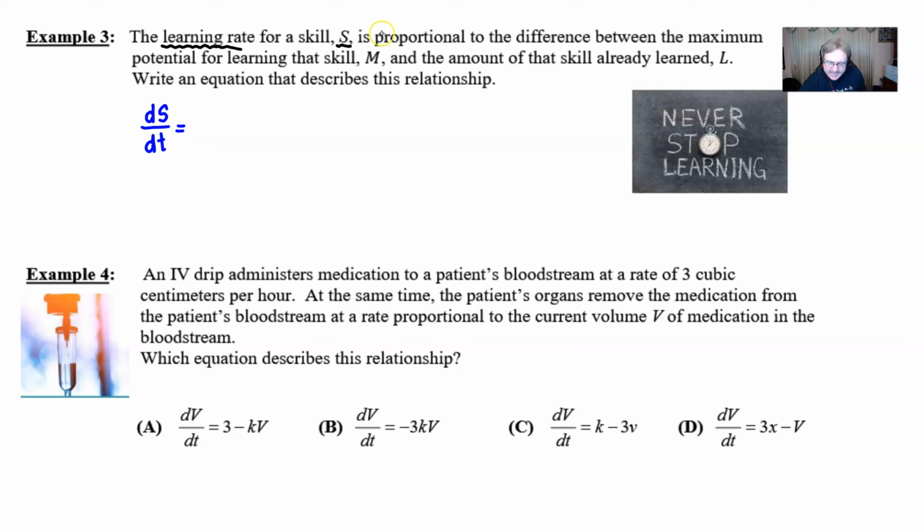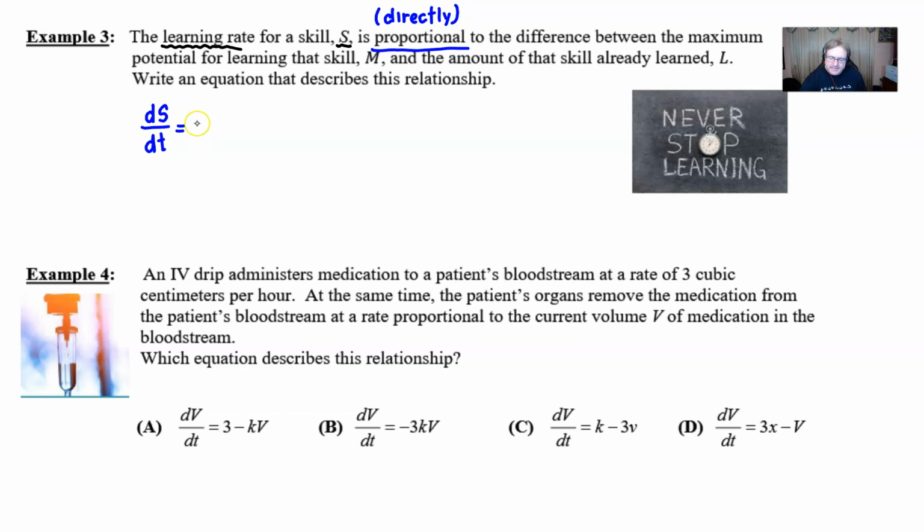Now, the fact that it says proportional, that's the next piece of information. Remember from our previous video, we had a quick little refresher about directly proportional versus inversely proportional. If you don't see an adjective in front of the proportional, the assumption is that it is directly proportional. It varies directly.